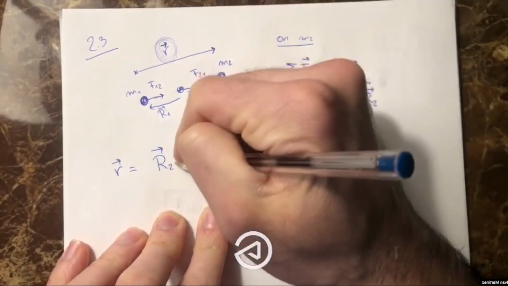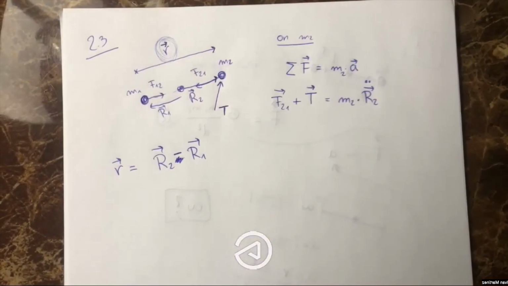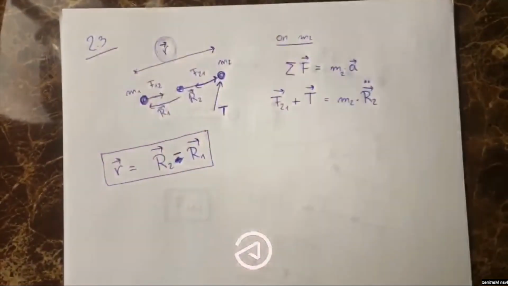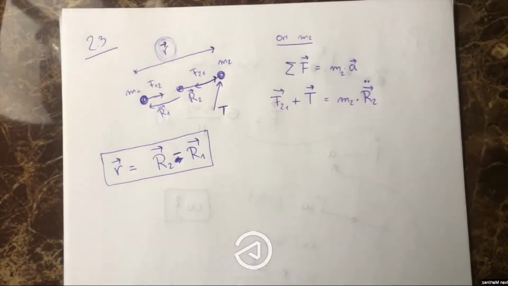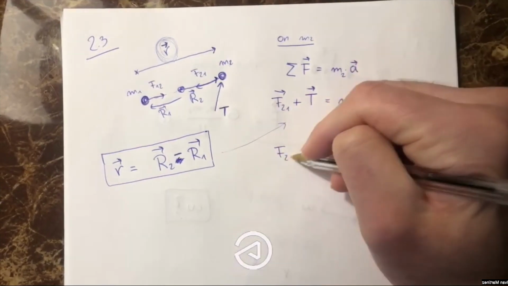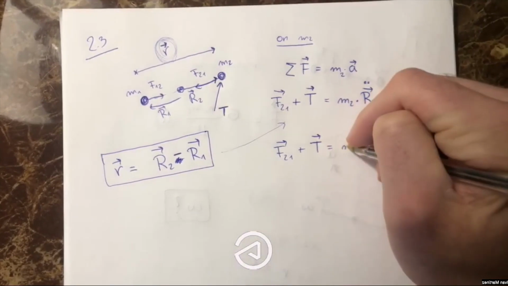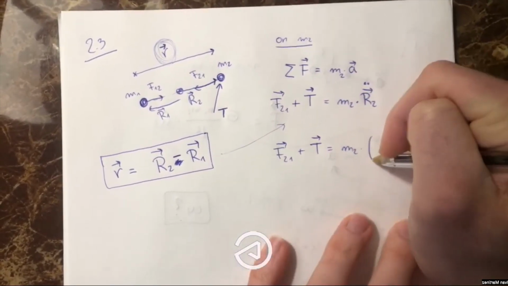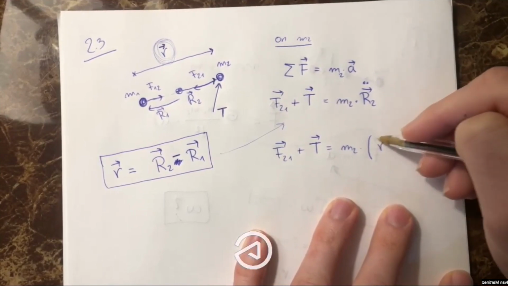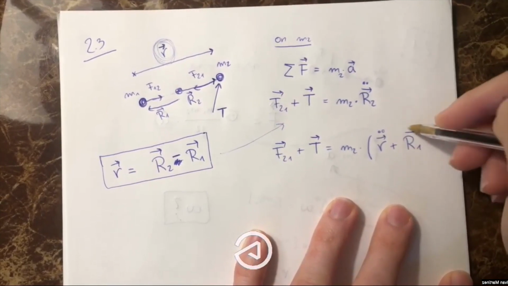Sorry, it's negative. Right? So let's substitute this in here. This will be R plus R1.